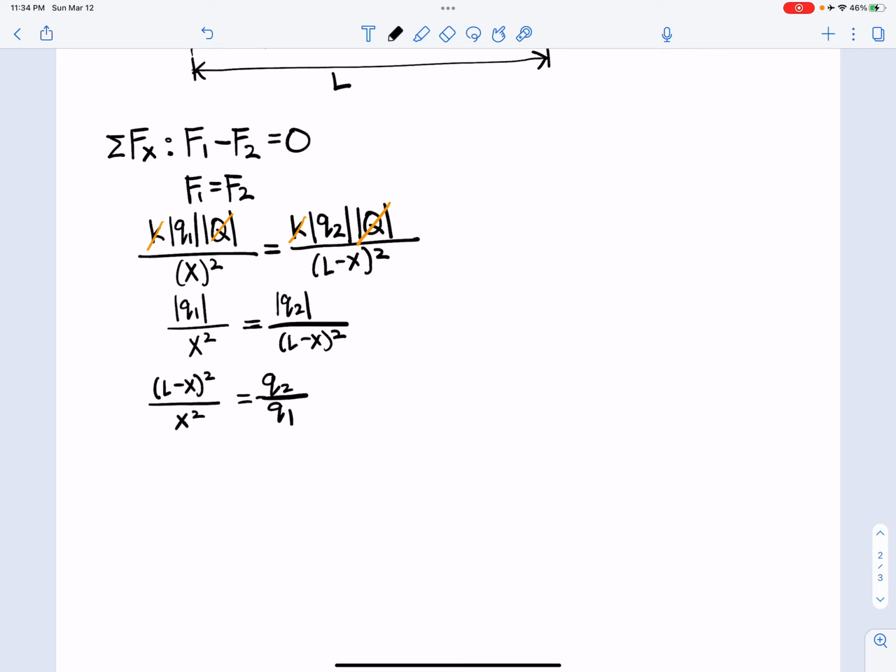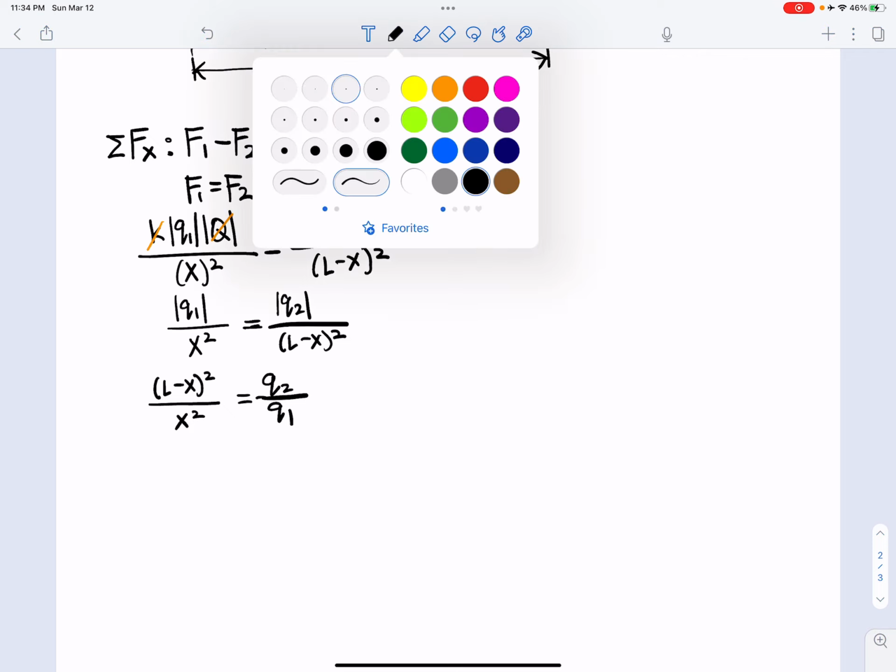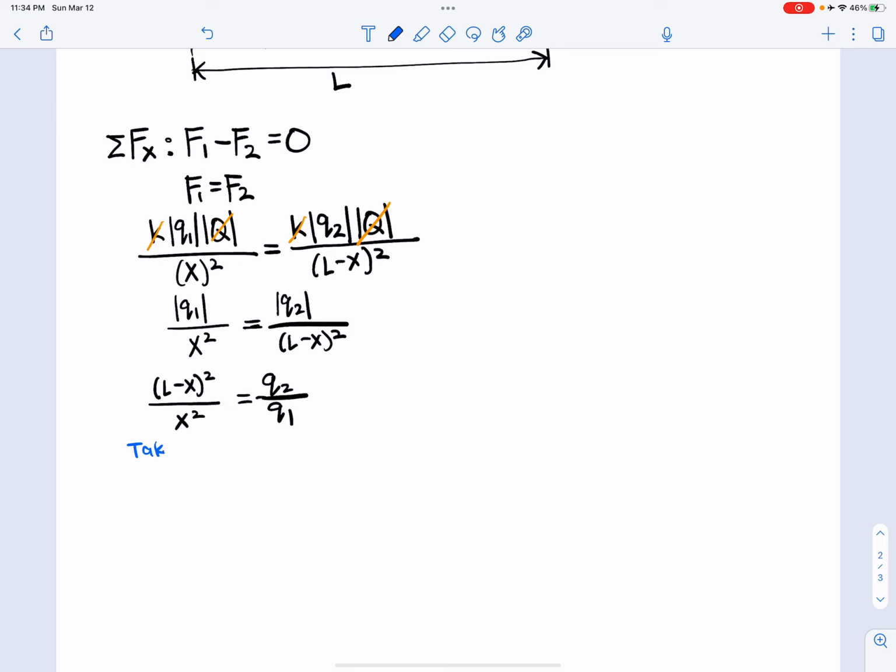So I'm going to take the square root of both sides of the equation, right?